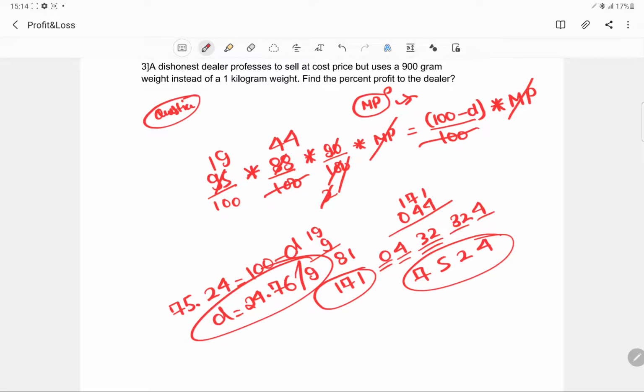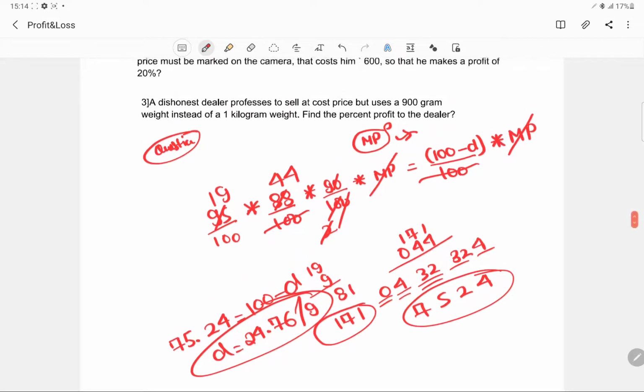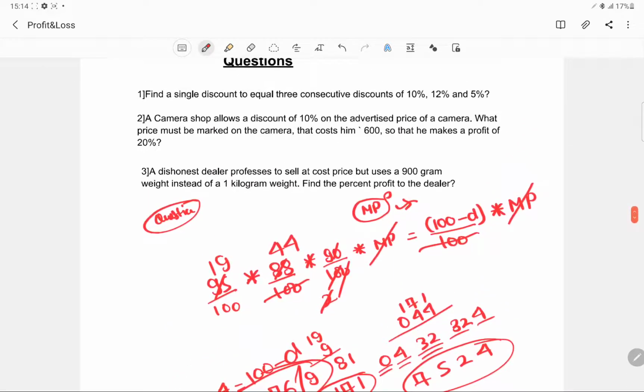This will be the single discount that you can offer. So this question was over the marked price and then discount, what could be the single discount and all those stuff.